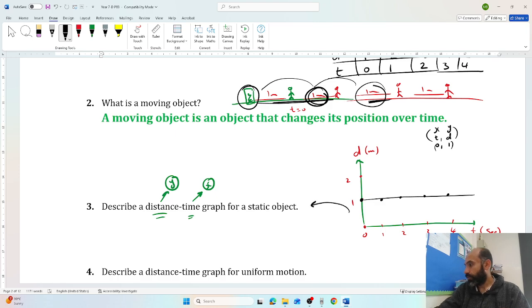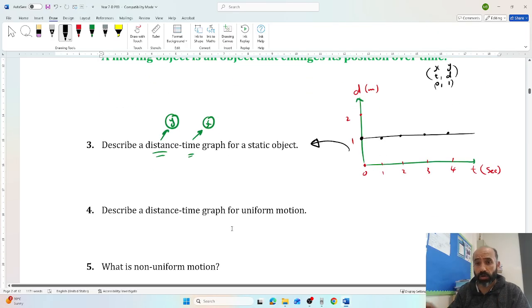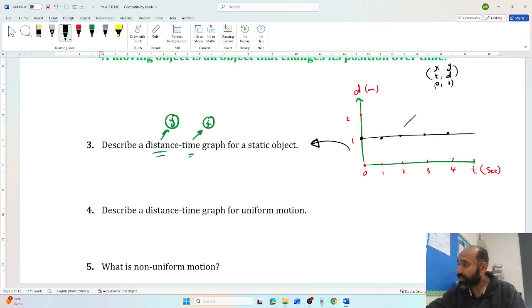So now you can describe the distance time graph for a static object. It is represented by a straight line which is parallel to the x-axis or to the time axis. You can call this axis, this one, the x-axis or time axis. So let's copy the answer.